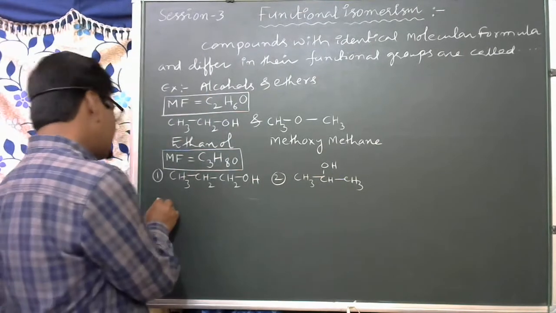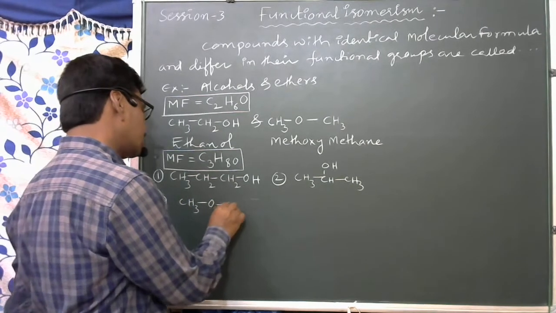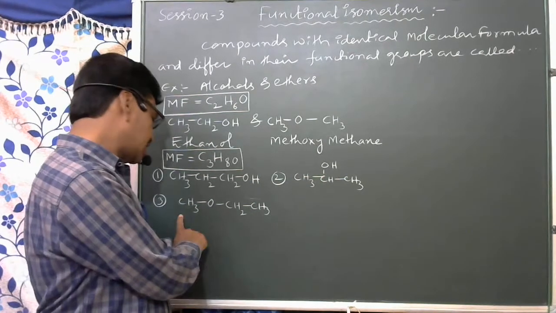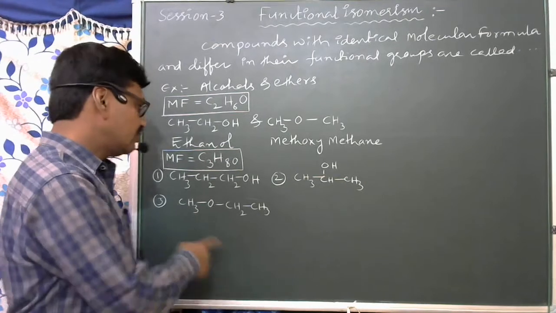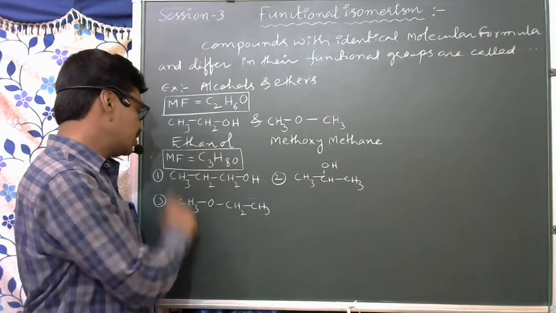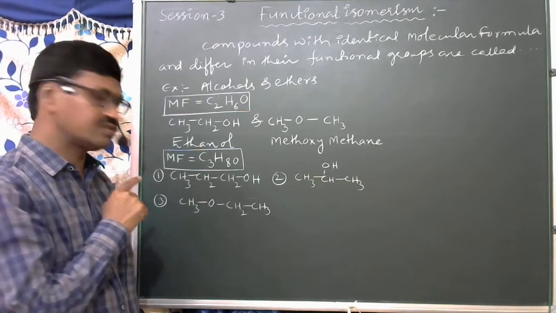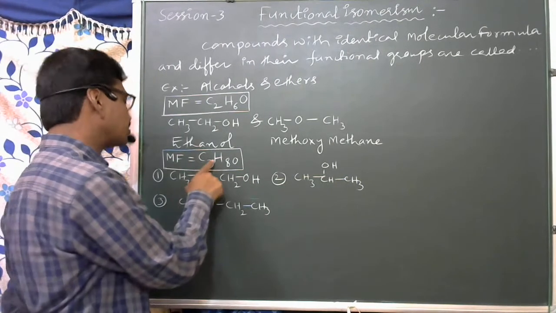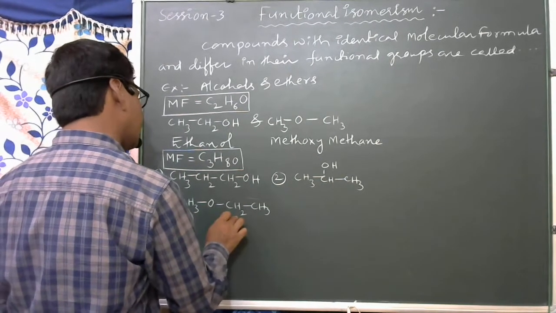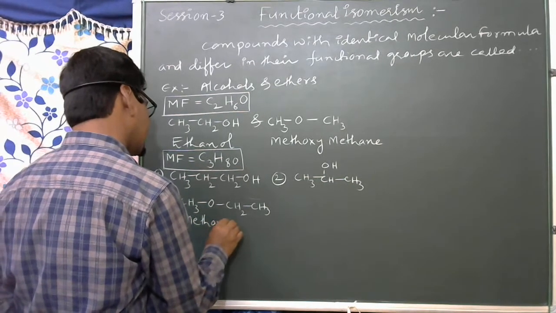One more compound I am writing here, third one, CH3OCH2CH3. So this is ethyl methyl ether. For this also same molecular formula. What is the molecular formula? C3H8O. See here, 3 carbons, 3 plus 2, 5 plus 3, 8 hydrogens and 1 oxygen. Total C3H8O. Here we can say methoxyethane.